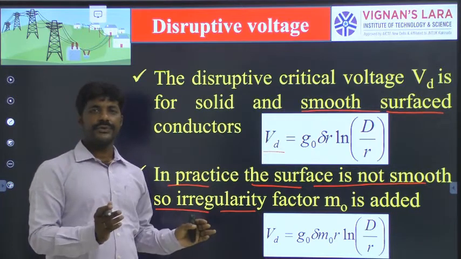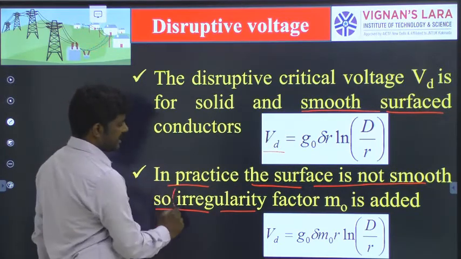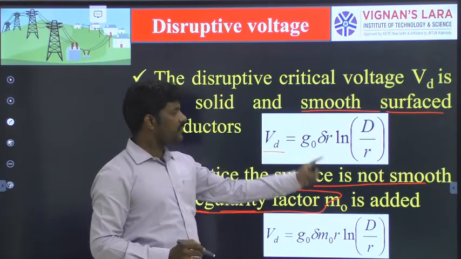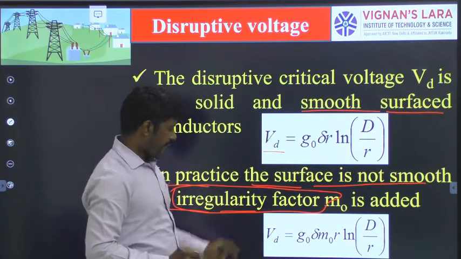So we have to introduce a factor called the irregularity factor. This is the irregularity factor M naught, which we are going to use in this formula.